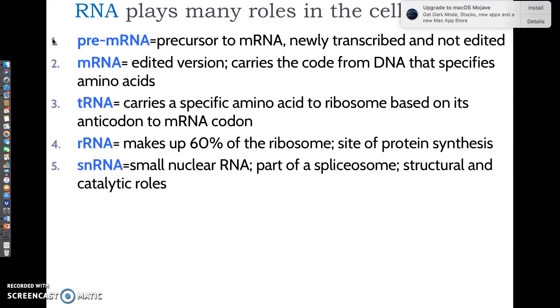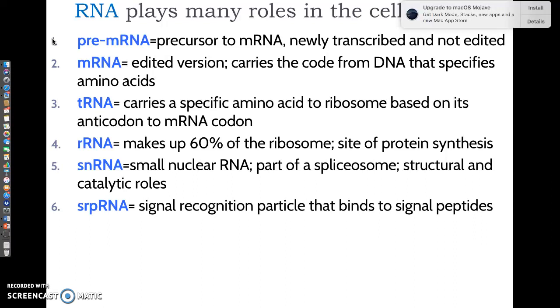Another type is called snRNA, and this is small nuclear RNA, part of a spliceosome, structural and has catalytic roles within our nucleus. Another type is srpRNA, and that stands for signal recognition particle, and it binds to signal peptides.